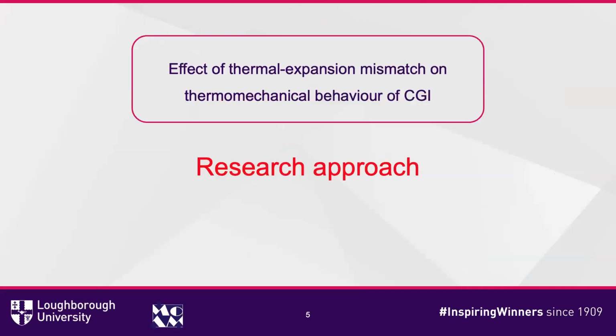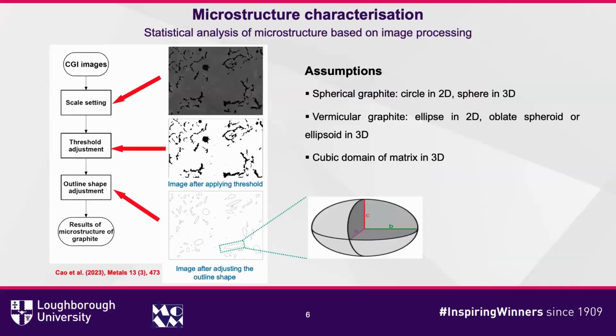My research is based on microstructure characterization from 20 SEM images, analyzed with image software, to get a microstructure summary of the compacted graphite iron. I also made some assumptions: the spherical graphite is a nodule, the vermicular graphite is modeled as an oblate spheroid in 3D, and the matrix is a cube.